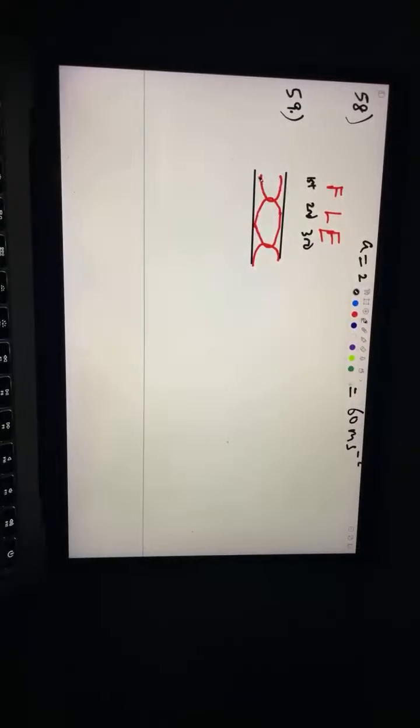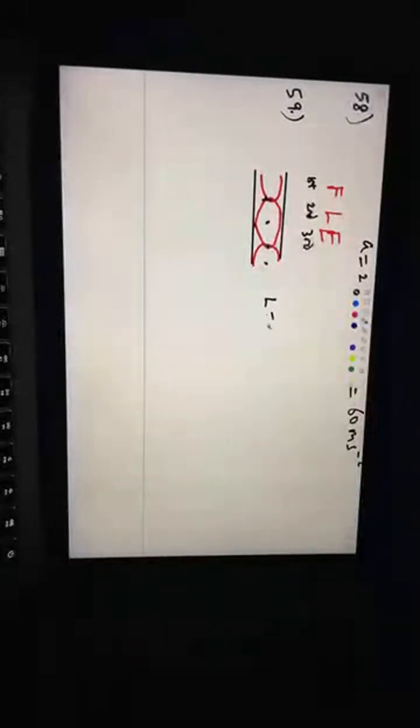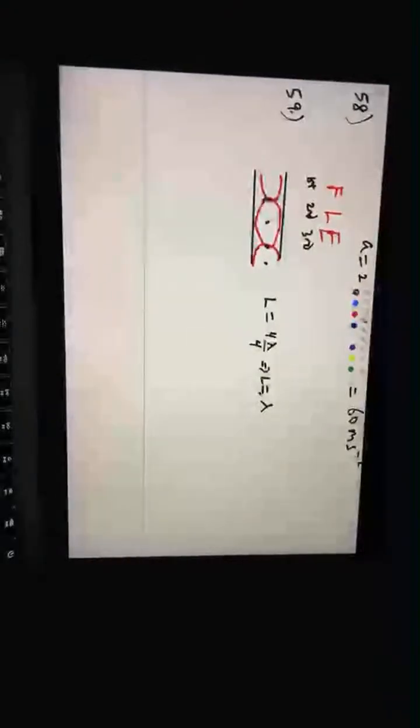From this place to this place is lambda over 4, then another lambda over 4, then from this center to this place another lambda over 4, and from this place to this place another lambda over 4, making 4 lambda over 4. So the length is 4 times lambda over 4, which means L equals lambda for the second harmonic.